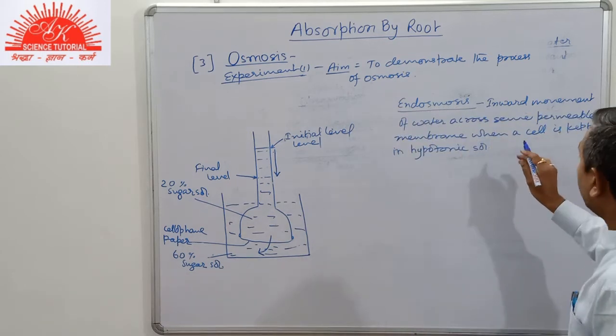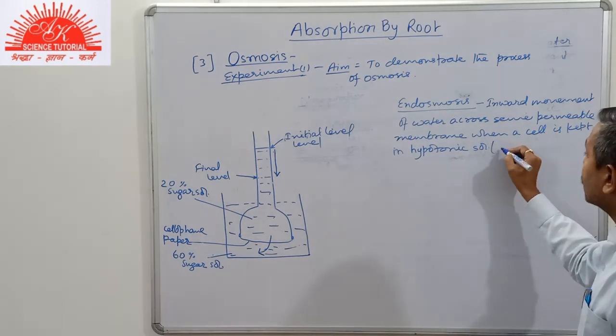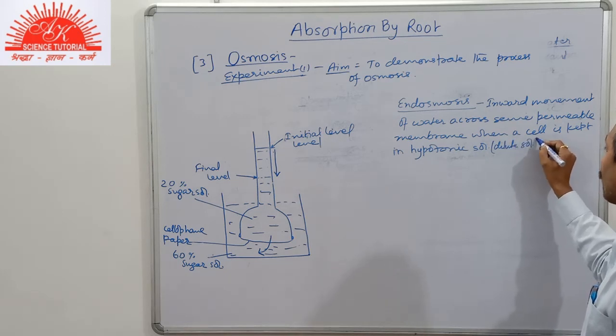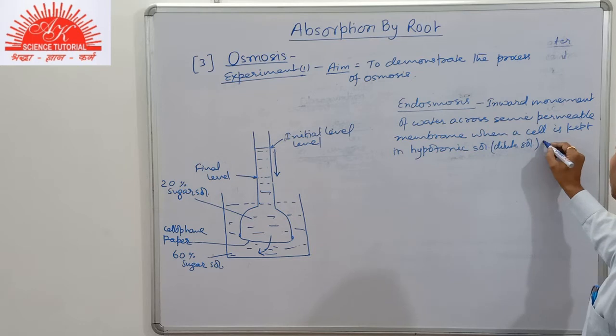That is, the cell is surrounded by less concentrated solution, that is more dilute solution. This is called endosmosis.